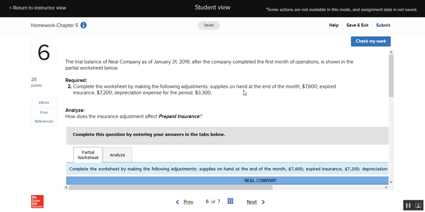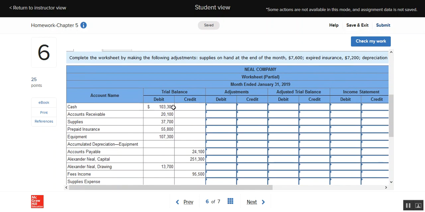Our supplies on hand at the end of the month is $7,600. This calculation is a little bit different, because it doesn't tell us how many supplies we used, it tells us how much in supplies was left. So we're looking to adjust the supplies account, and right now the supplies account has $37,700 in it.